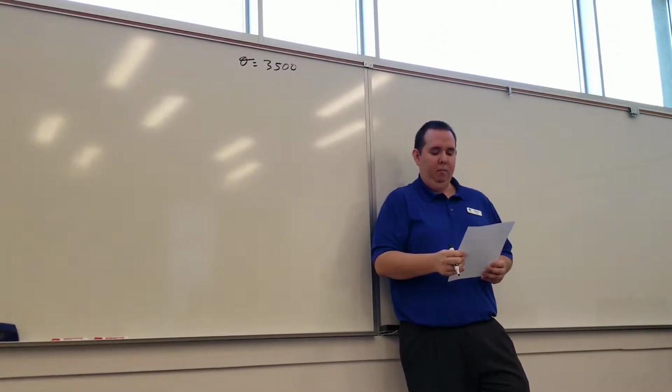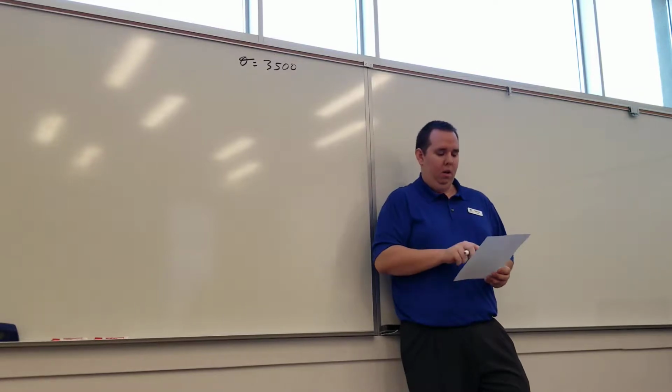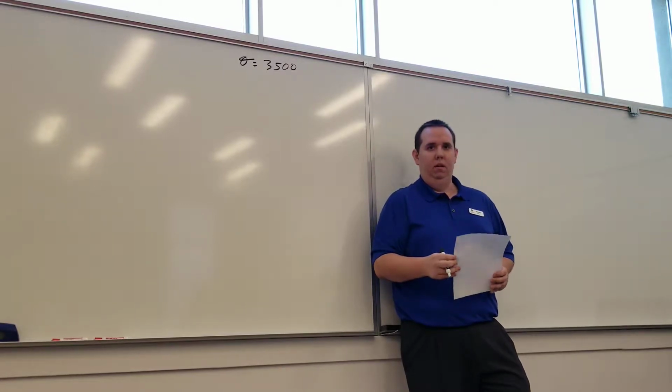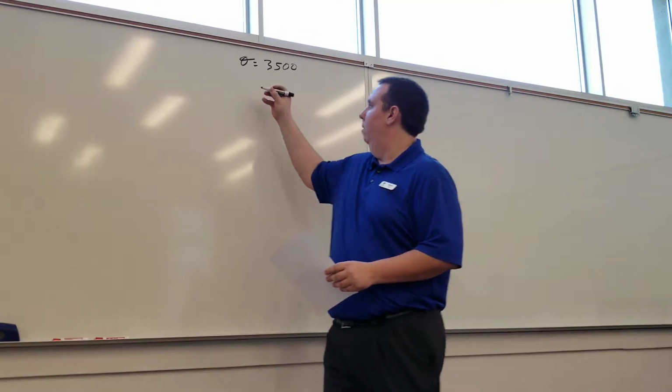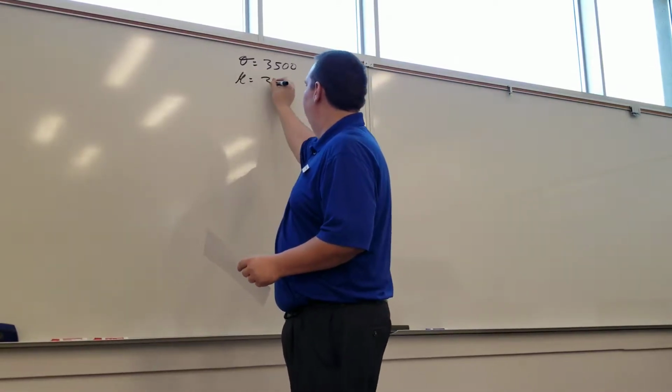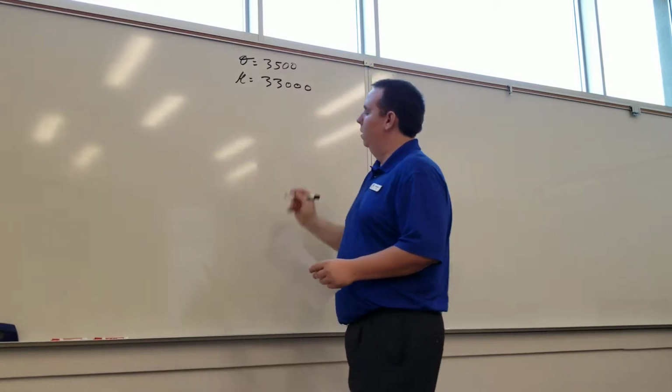So our sigma was 3,500. What's that 33,000? That's your mean. It's mu, right? So mu is 33,000.